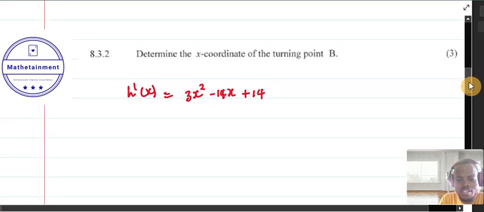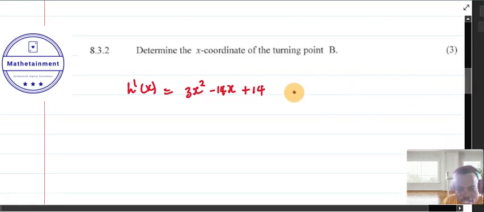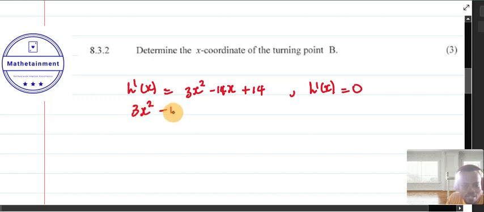And we know that a gradient, which is denoted by h prime of x, at a stationary point is equivalent to 0. So you can rewrite this as 3x squared minus 14x plus 14, you equate it to 0, and then from here you solve for x.